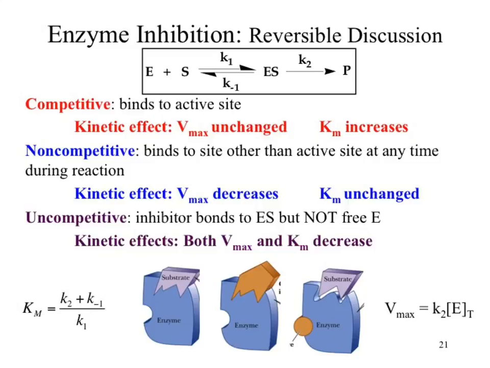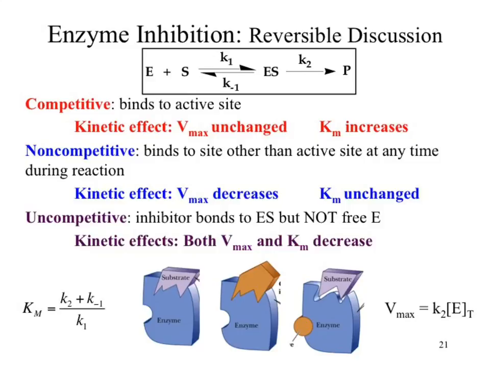Okay. What happens to the Km? Well, if we look at the Km, our Km is K minus 1 plus K2 over K1. K2 is prevented. What happens to K minus 1? No change. What happens to K1? Okay. Careful.